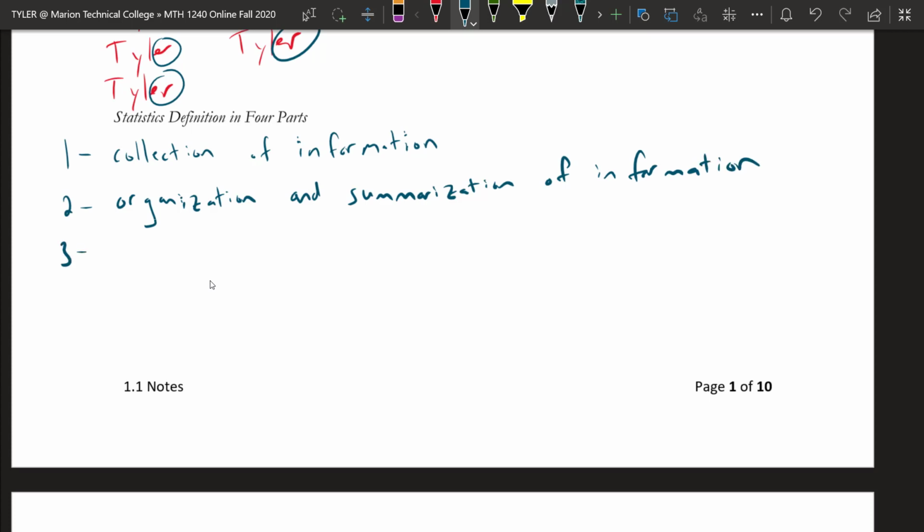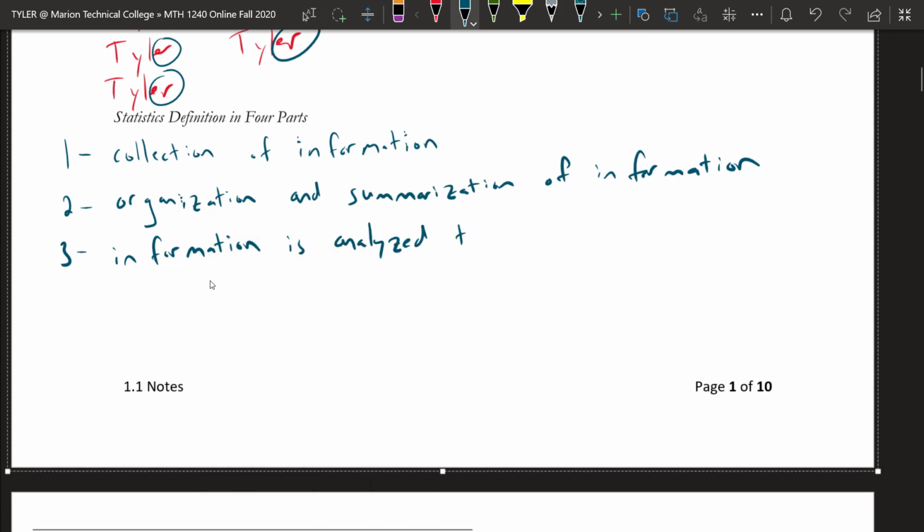The third part is analyzing. So information is analyzed to draw conclusions or answer specific questions.